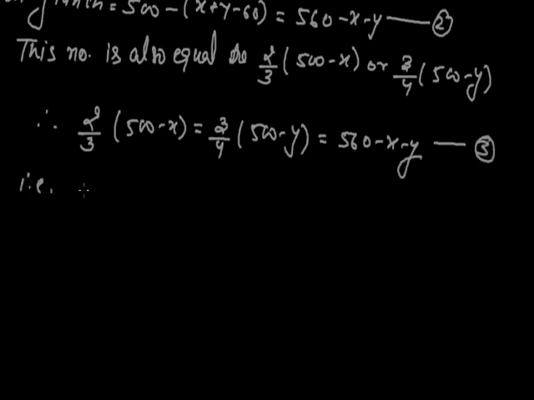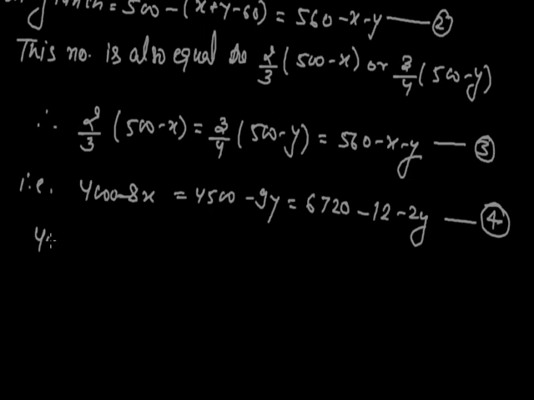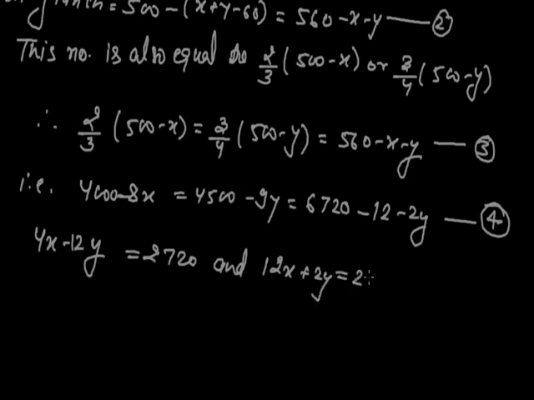That is 4000 minus 8x is equal to 4500 minus 9y. That would be given as 6720 minus 12x minus 2y. Now 4x minus 12y is equal to 2720 from the above equation, and 12x plus 2y is equal to 2220.